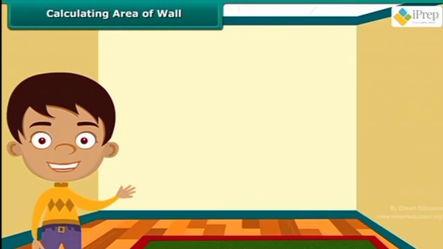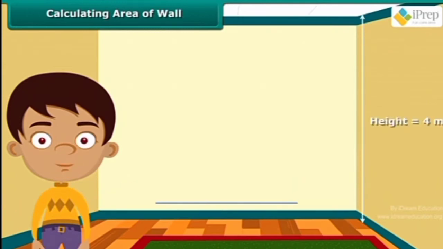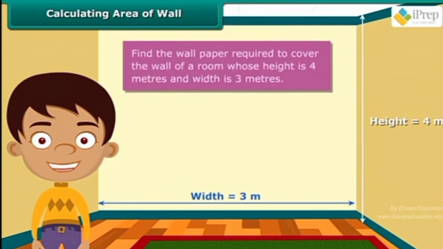We know how to calculate area. Let us solve a question based on the concept. Each wall of Nidhi's room is 4 meters high and 3 meters wide. She wants to cover one of the walls with wallpaper. She wants to know how many square meters of wallpaper will be required for the purpose.